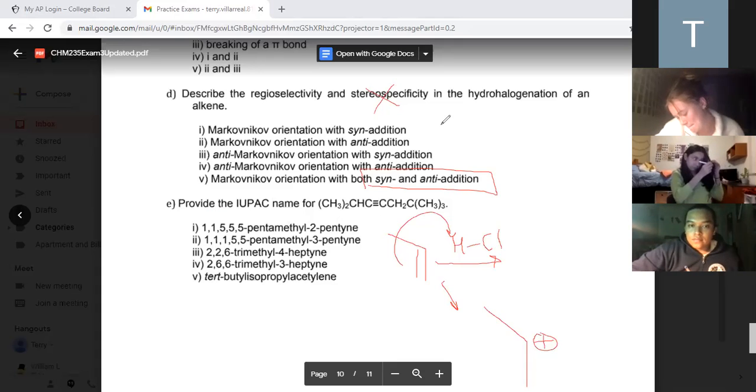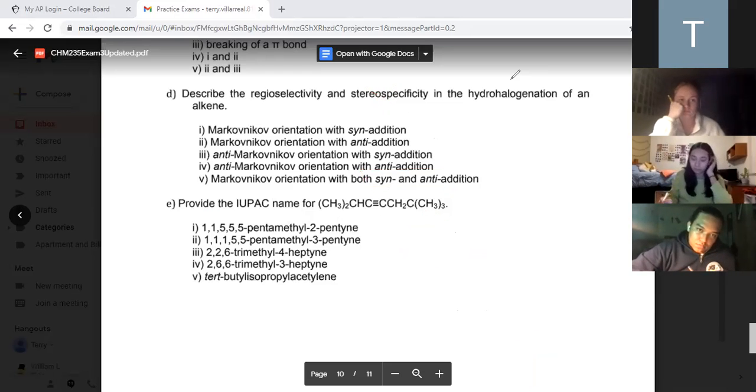Okay, let's try and name this last one. Provide the IUPAC name for this beast of a thing. Let me know when you guys come up with an answer.